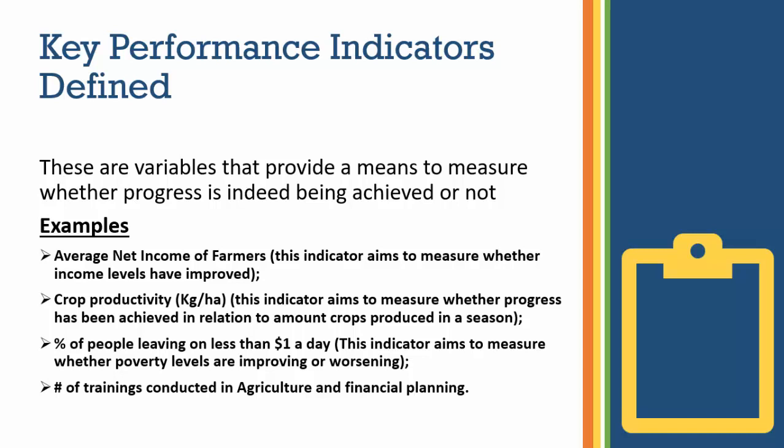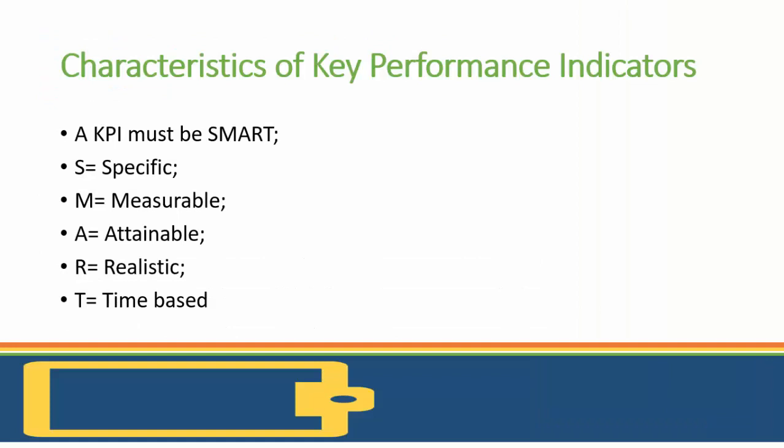So now, how do you gauge whether a project manager really is doing the job the right way? So first of all, you have to realize that if you're going to use KPIs, they should be smart. Okay, we've talked about this. What smart means: specific, measurable, attainable, realistic, time based.